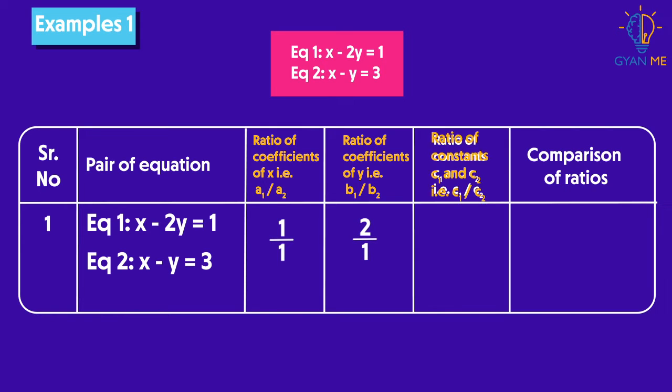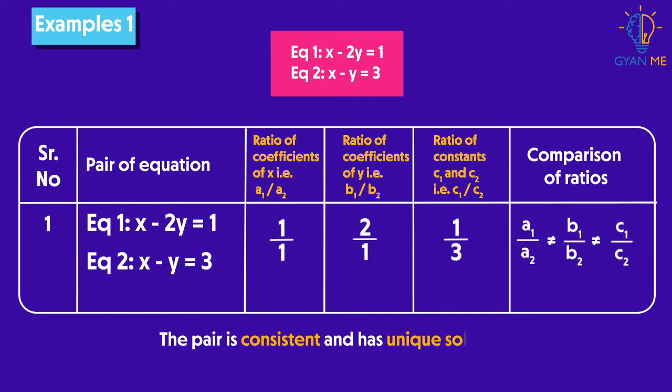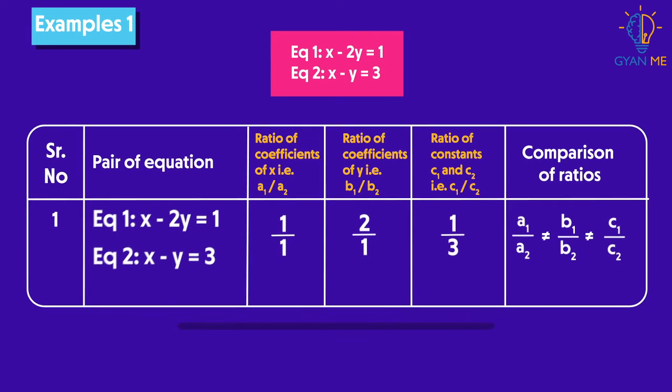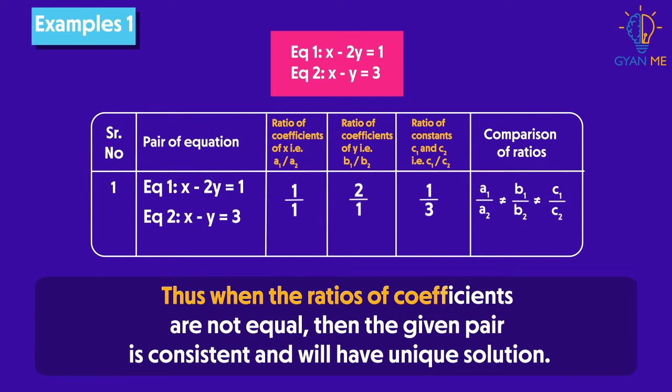And ratio of constants, that is c1 upon c2, we get 1 upon 3. Here, the ratios of coefficients are not equal, and hence the pair is consistent and has a unique solution. Thus, when the ratios of coefficients are not equal, then the given pair is consistent and will have a unique solution.